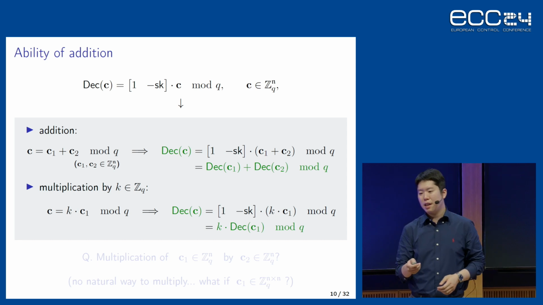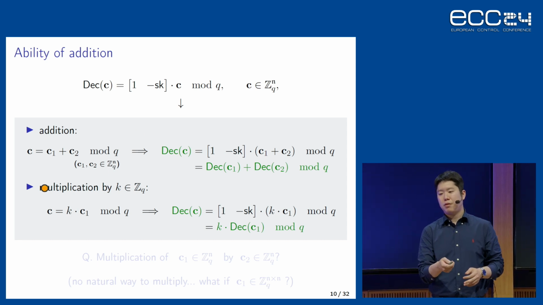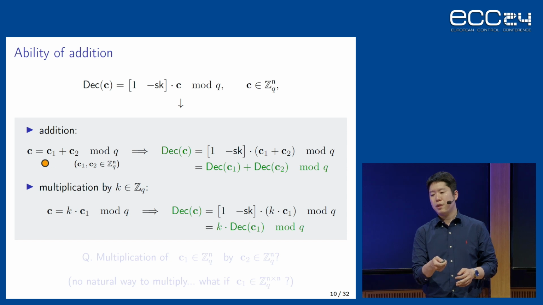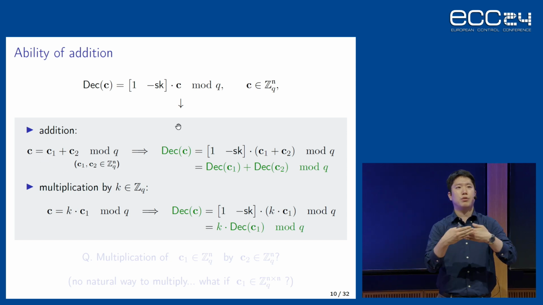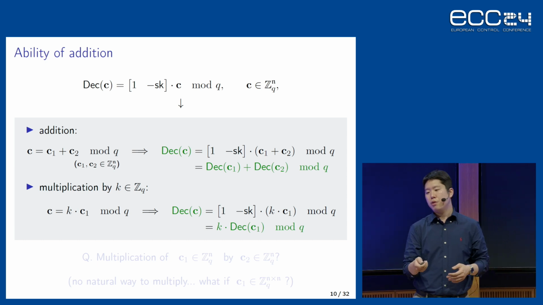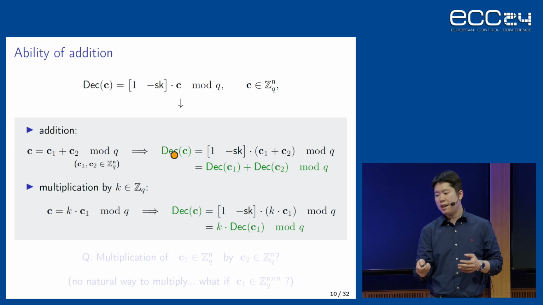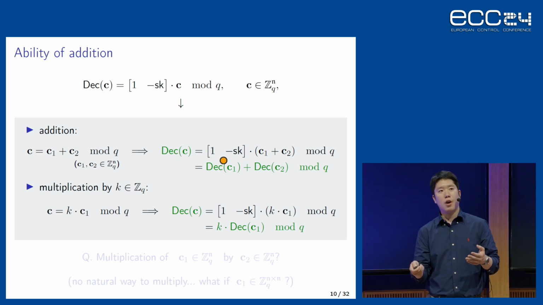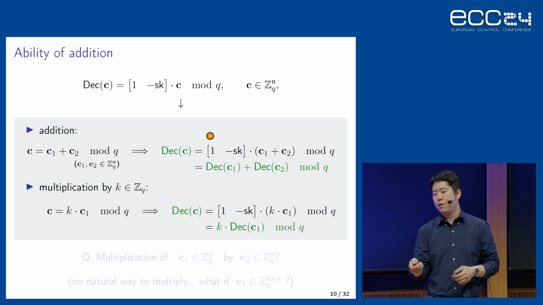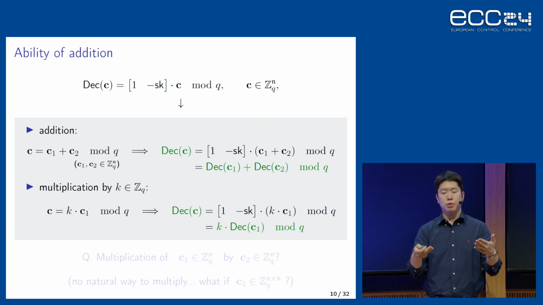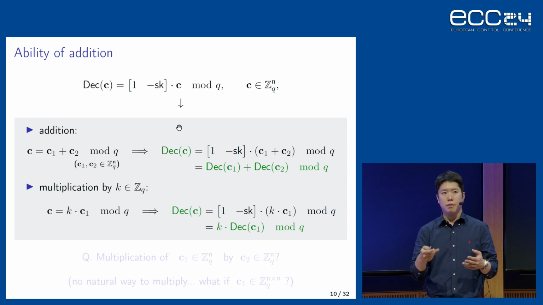So you can expect that given any two ciphertexts, when you add them together, the message parts will be added together, so that when you decrypt the outcome of the addition, by the simple distributive law, multiplying the secret key with the outcome of the addition is equal to the addition of the decrypted messages of the two.